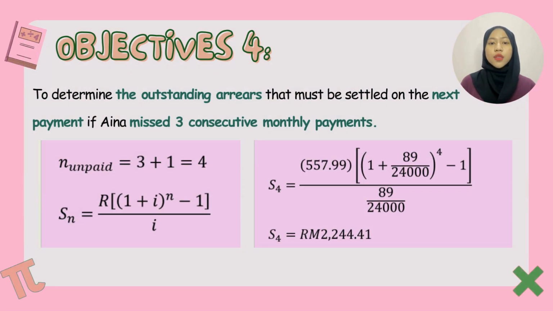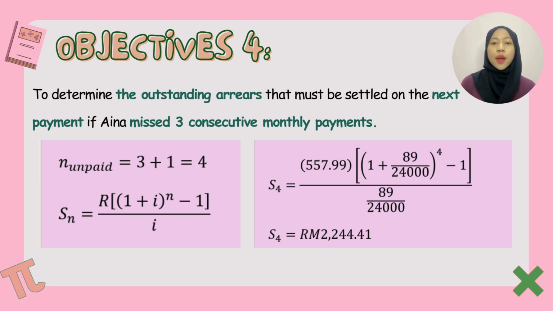Objective 4. To determine the outstanding arrears that must be settled on the next payment if Aina missed 3 consecutive monthly payments. n unpaid equals 3 plus 1 equals 4.